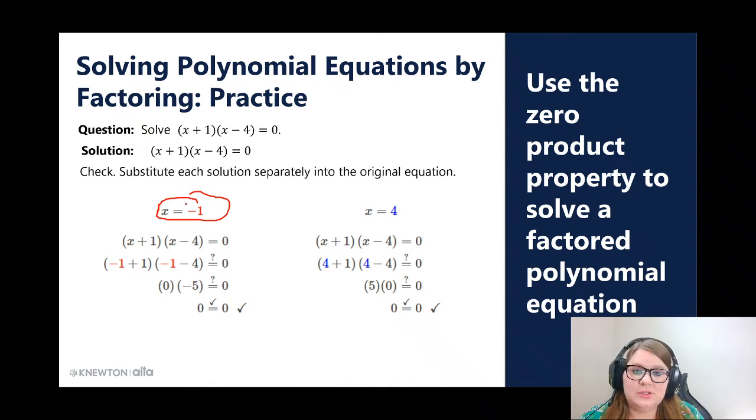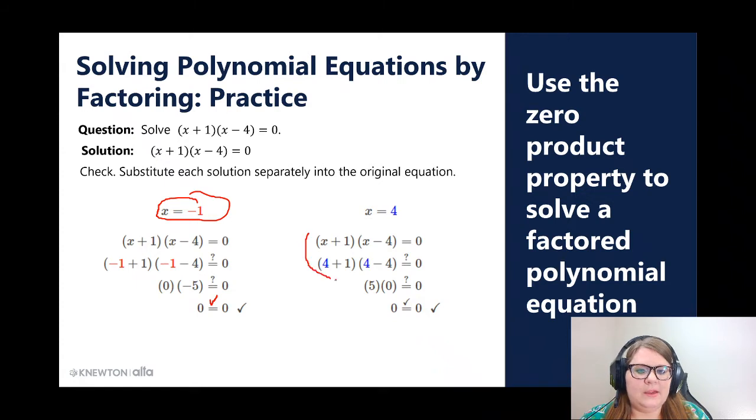Before I do the substitution, I'm labeling which one I'm checking. Also, I'm showing the full work. So I'm actually showing negative 1 plus 1 is 0. Negative 1 minus 4 is negative 5. 0 times negative 5 is 0. I'm going all the way down. I'm simplifying completely. And I put a question mark on the equal signs while I'm checking until the two sides are absolutely the same, at which point I put a check mark above the equal sign.